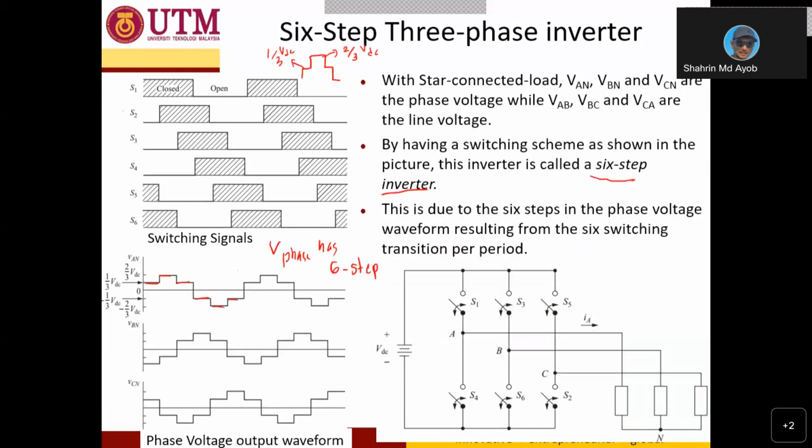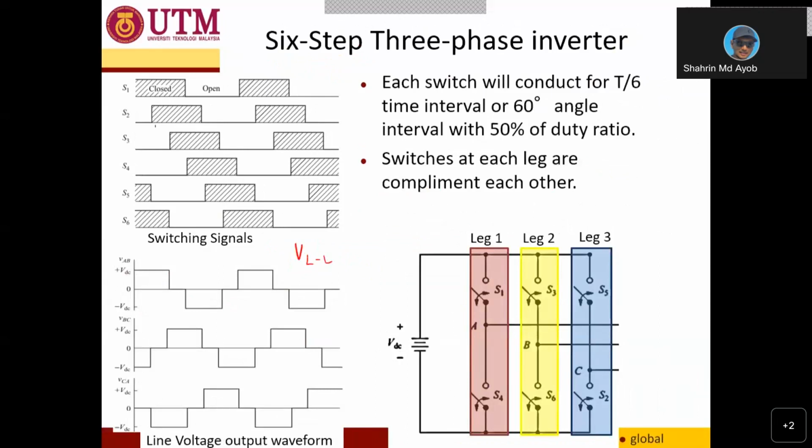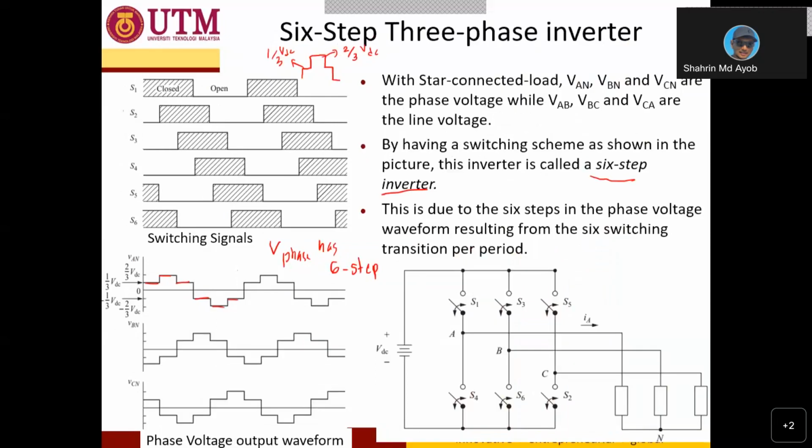So if you compare phase and line voltage, which one has the nearest waveform to sinusoidal? Of course, the phase voltage. So it is easy to know whether the voltage has harmonics or not: you look at whether the waveform is close to sinusoidal.